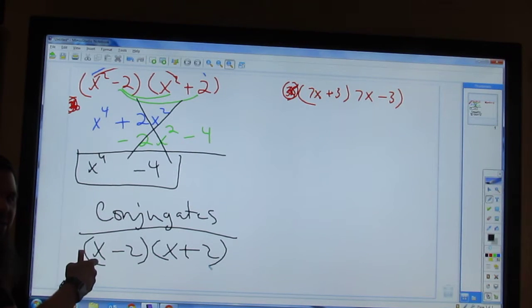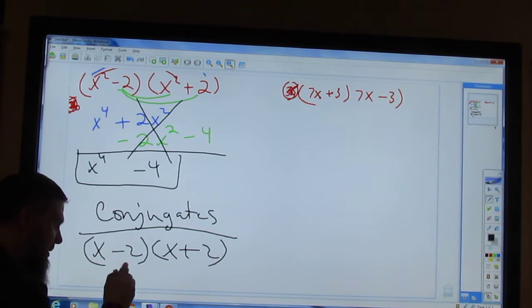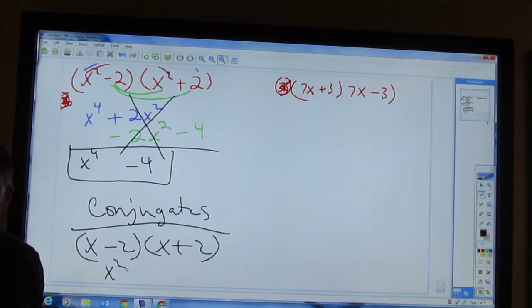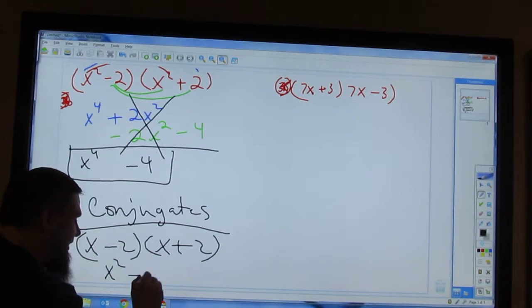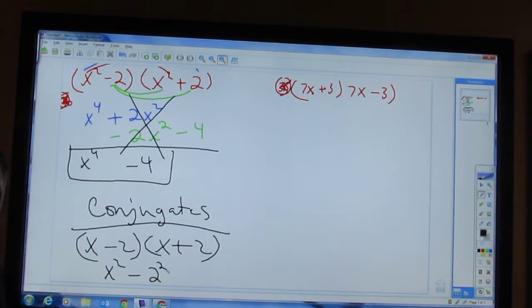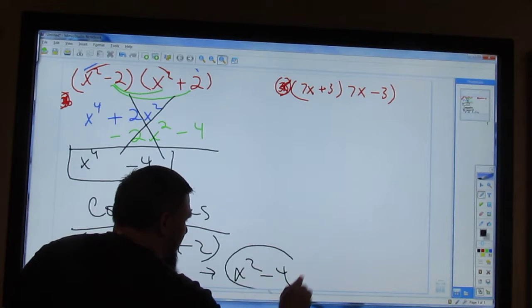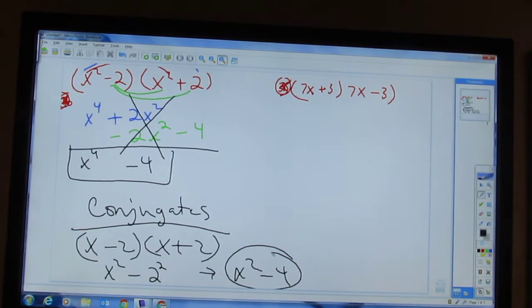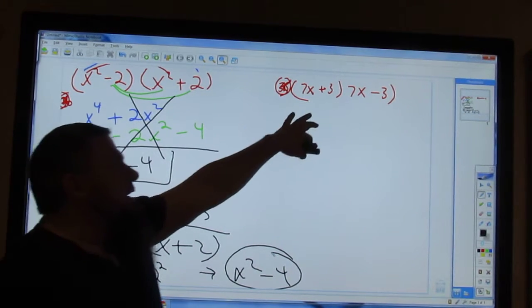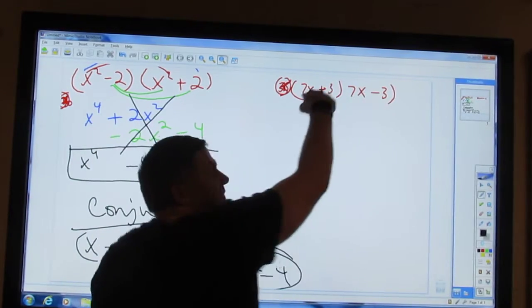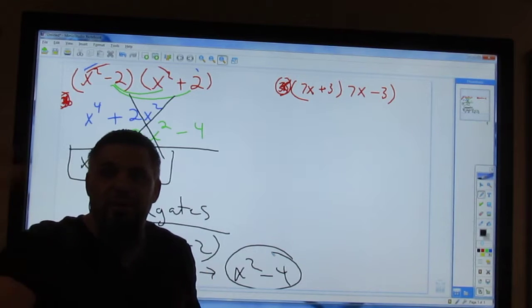What is this squared? x squared. Right? And what is 2 squared? So it's a difference of 2 squares, which implies that it's x squared minus 4. That's all that is. Every single time. So even when they give you something like this, is this a conjugate of that? It's the same thing but a minus, right?